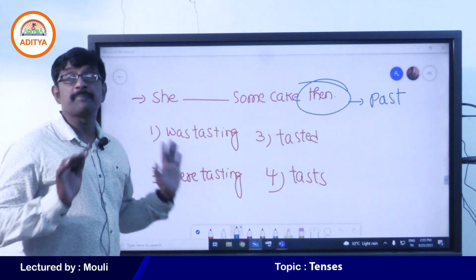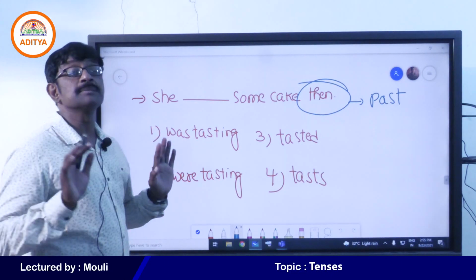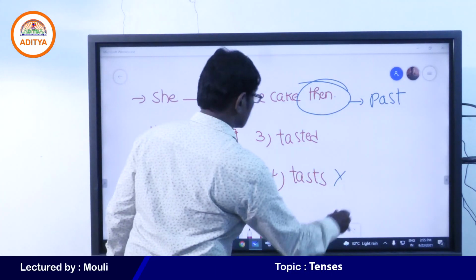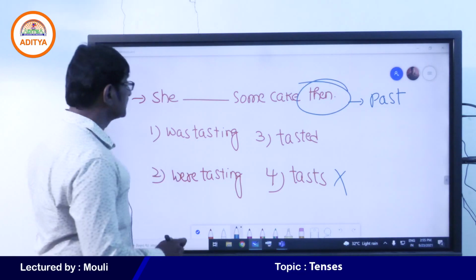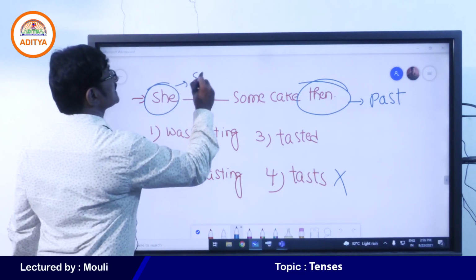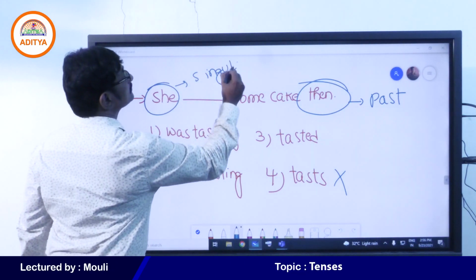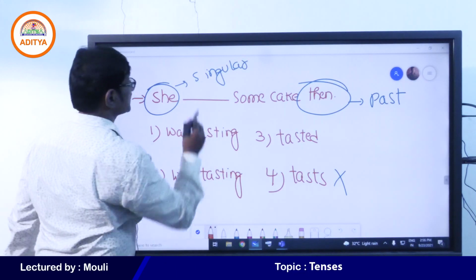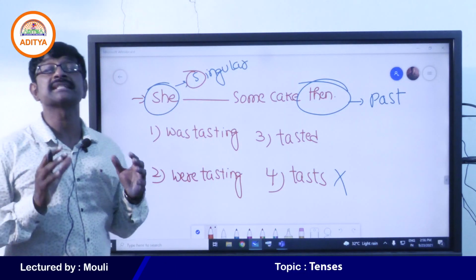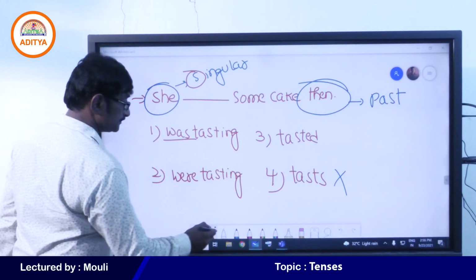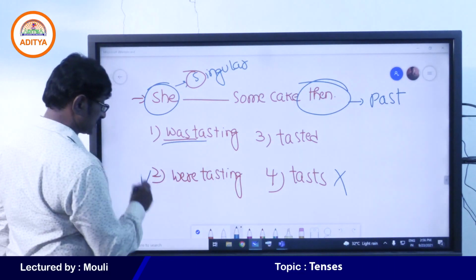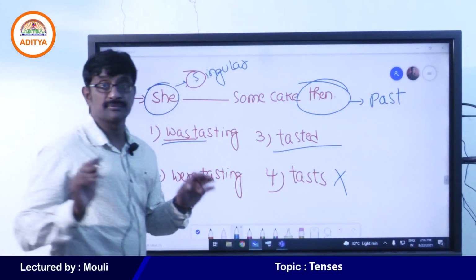Now it is a past tense, so we don't want any present tense. This is a present tense and others are past tense. Among these also she. She means singular. Singular means S is there. That means we want an S verb. Let us see in these two. This is an S verb and this is not. And what about this? We'll finalize.